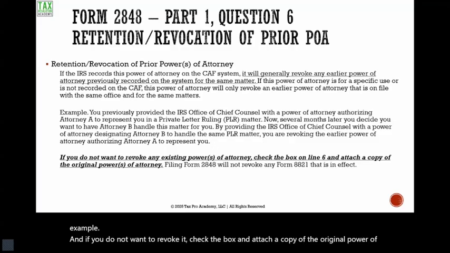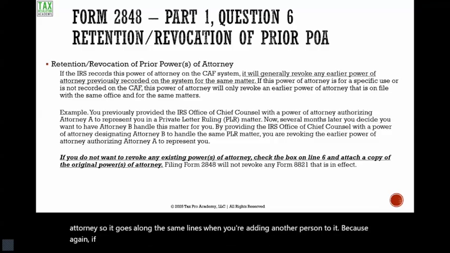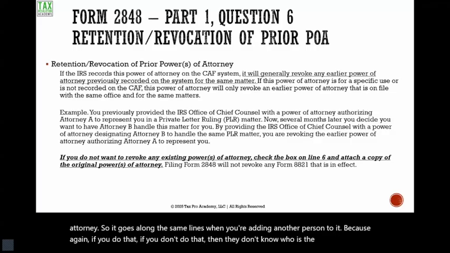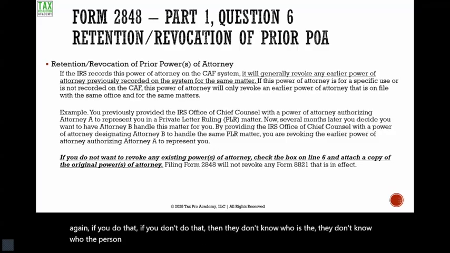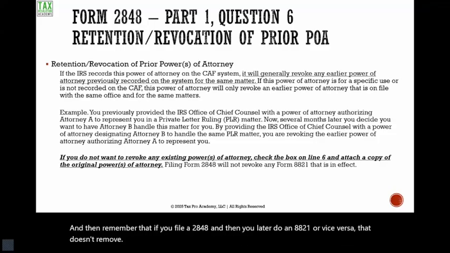It goes along the same lines when you're adding another person, because if you don't do that, then they don't know who the person to get rid of is, or to keep, I should say. And then remember that if you file a 2848 and later do an 8821, or vice versa, that doesn't remove the prior one.